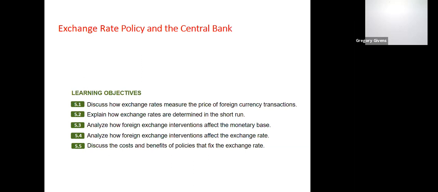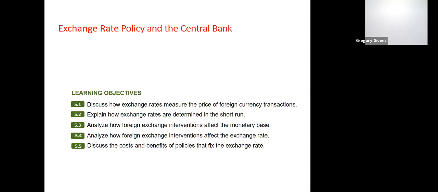Really more important or more related to monetary policy, we're going to talk a bit about how central banks can actually intervene in these foreign exchange markets, and the direct actions that central banks take are going to have an impact on the monetary base.